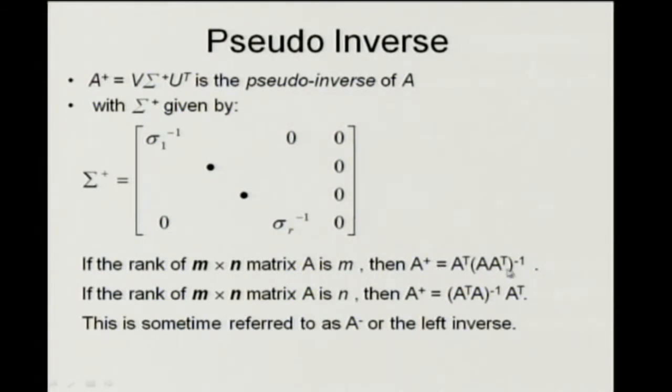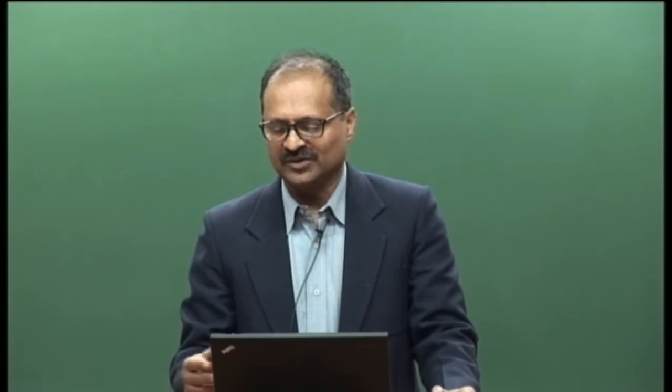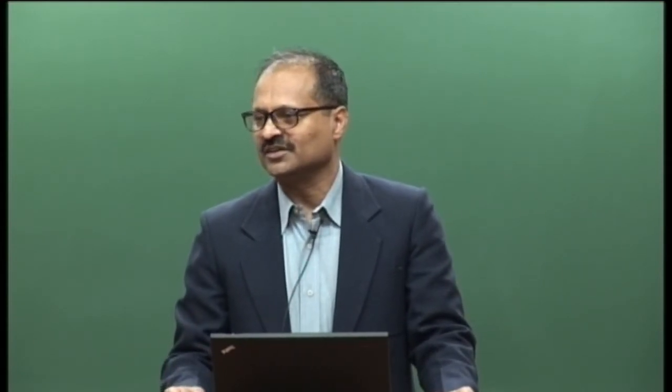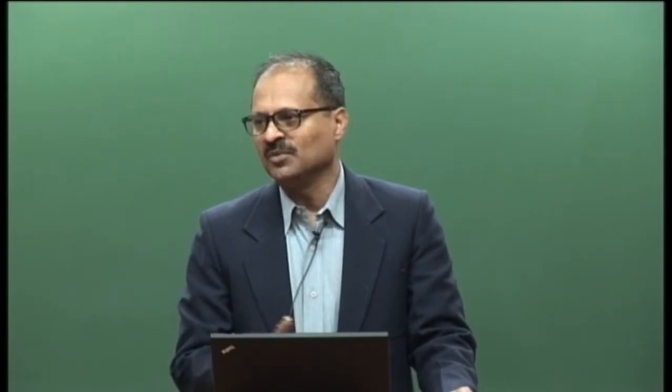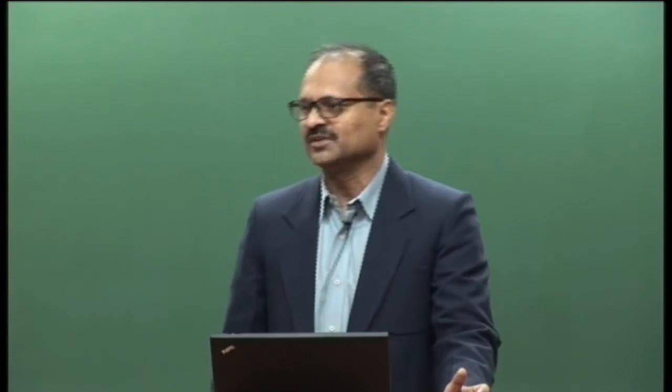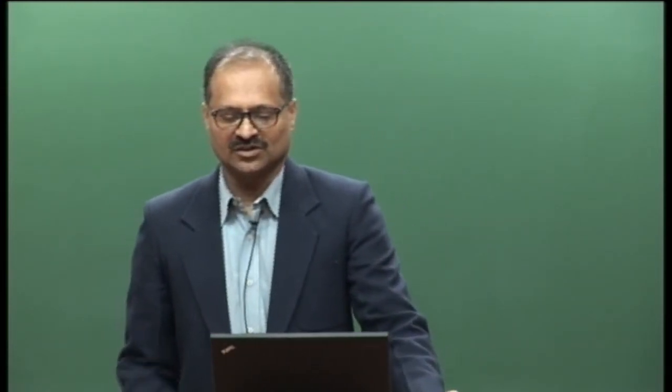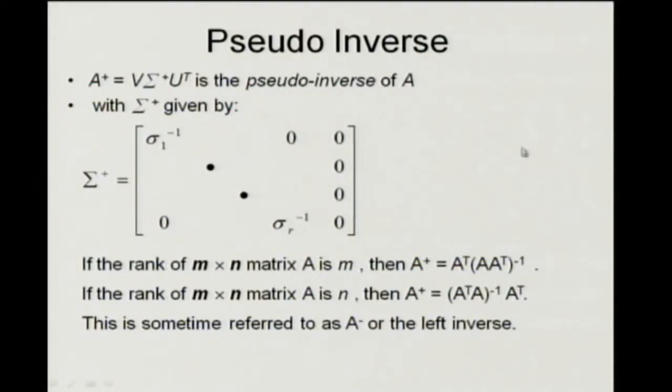And this is not a very difficult formula to remember, because if a matrix is say 3 by 2, right, then it is a 2 by 2 matrix which is invertible. The 3 by 3 will never be invertible, okay, because the rank is 2. So that you get by doing AA transpose, and now if you land up with a 2 by 2 matrix, after you take the inverse, you can only pre-multiply it with A transpose, you cannot post multiply with it. So it's fairly unique. It's not so difficult to remember.